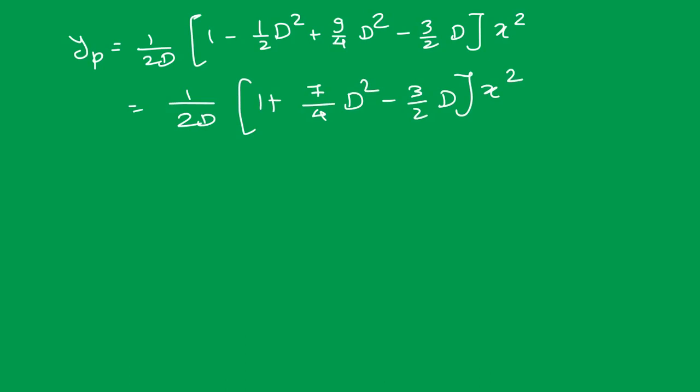This is correct: minus 1 by 2 plus 9 by 4, so LCM is 4, so minus 2 plus 9, 7, yes, 7 by 4, correct.